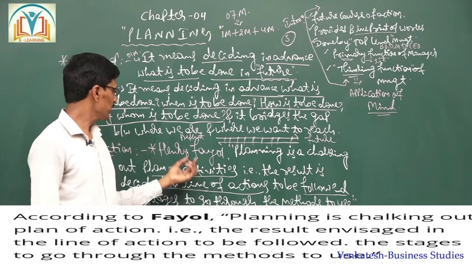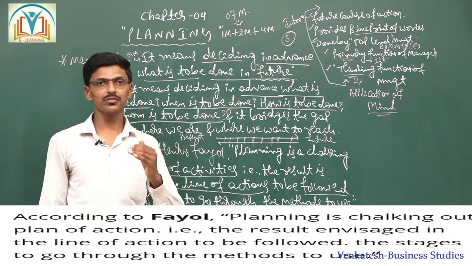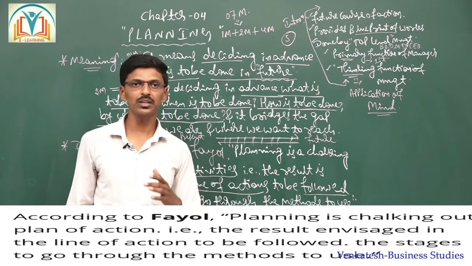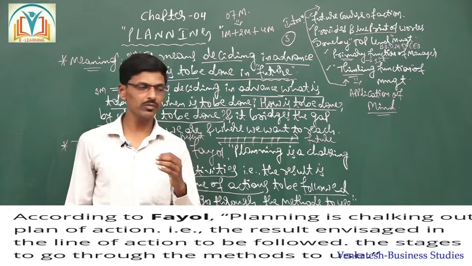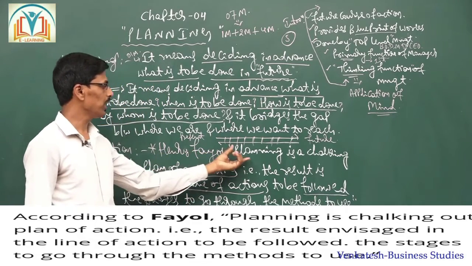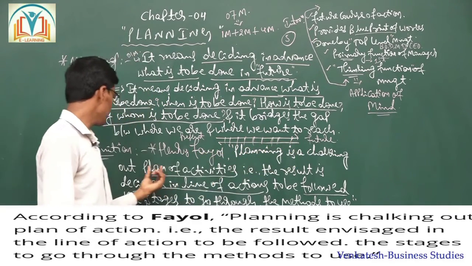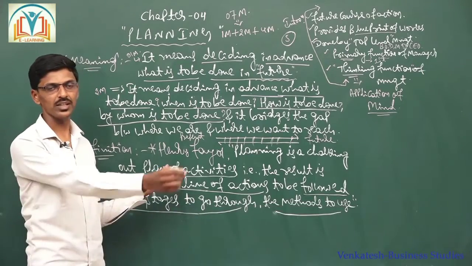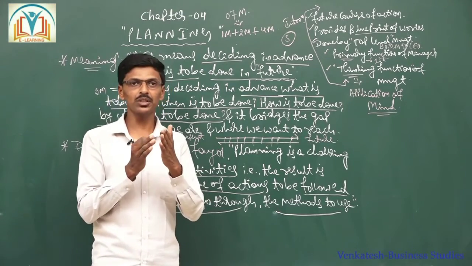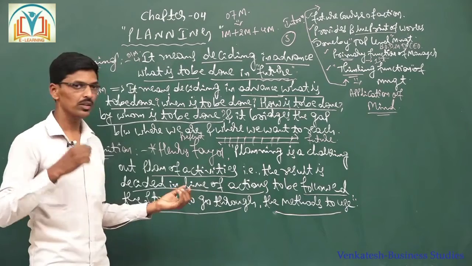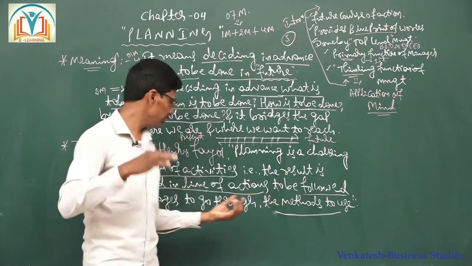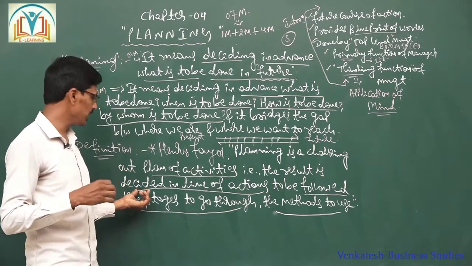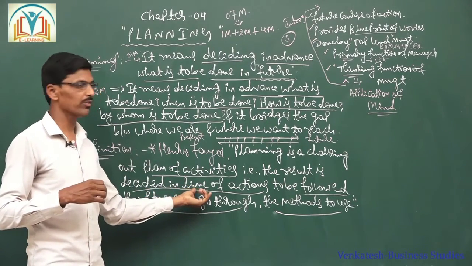Once again I will repeat, Henry Fayol is referred to as the father of general management. He introduced 14 principles. In the words of Henry Fayol, planning is chalking out a plan of activities. That is, we are listing out the activities relating to the future, and those future activities are to be decided in a sequence.